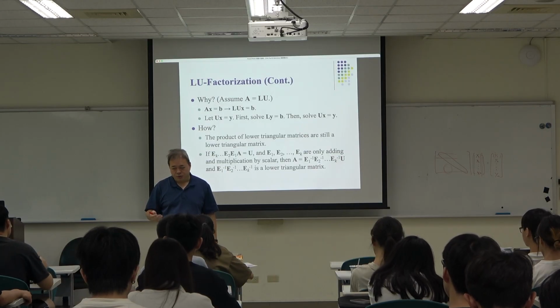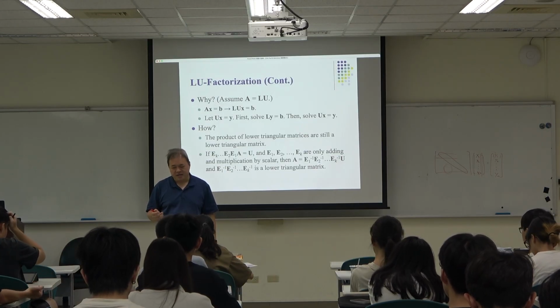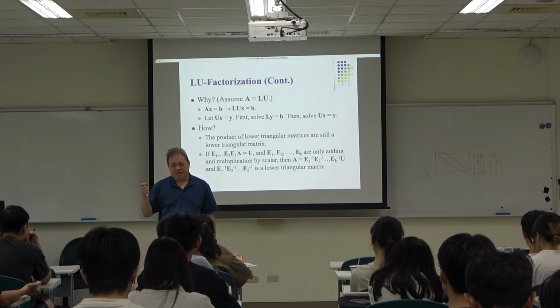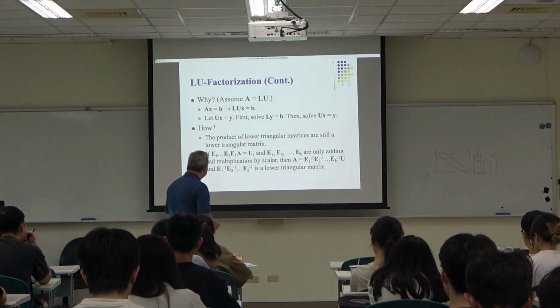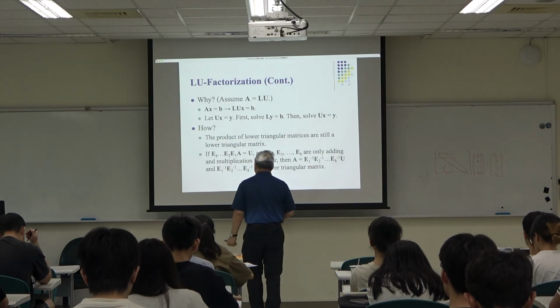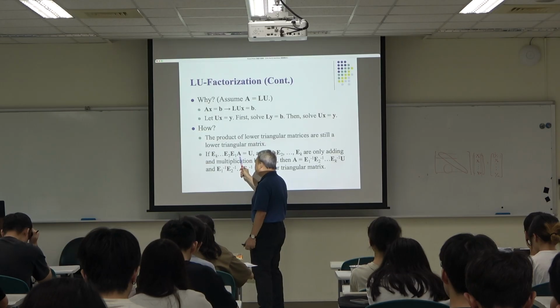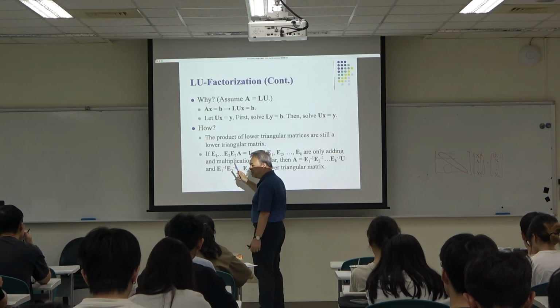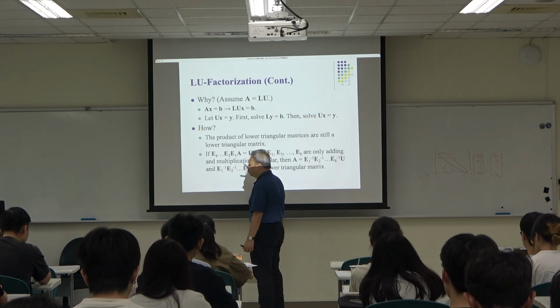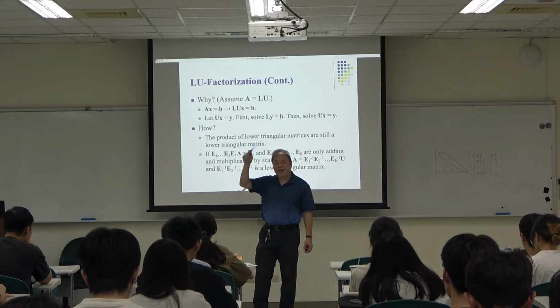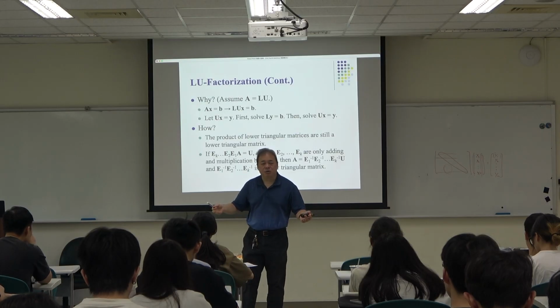remember, I told you last week that those elementary row operations can be understood as the product of the elementary matrices. Say you take K elementary row operations from A to make a row echelon form. Row echelon form is pretty much an upper triangle.